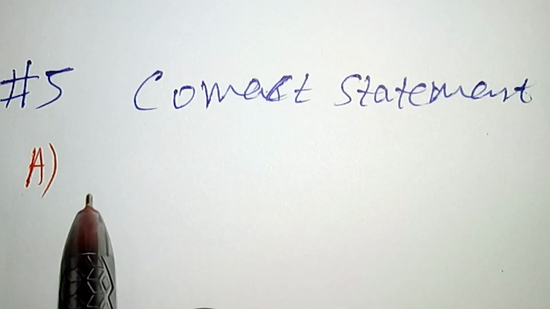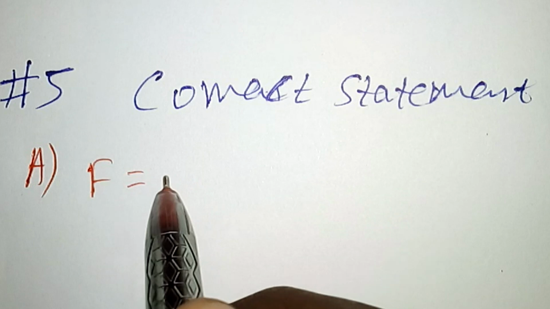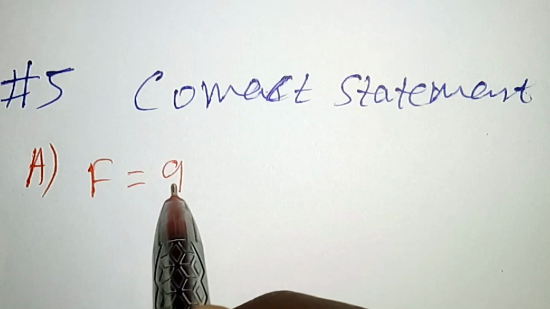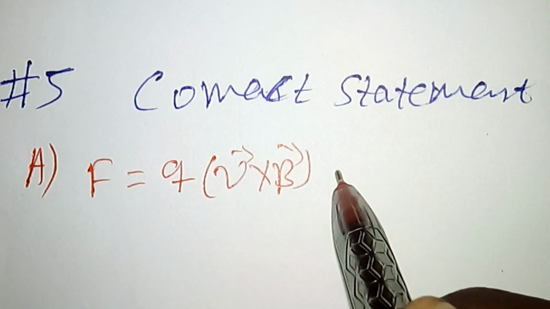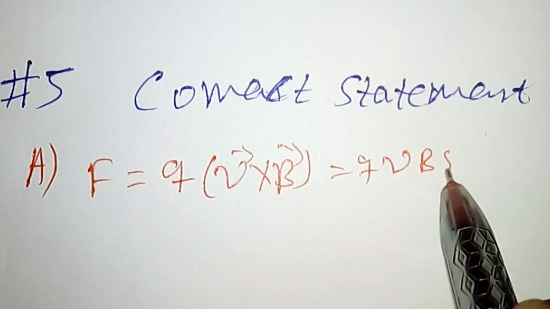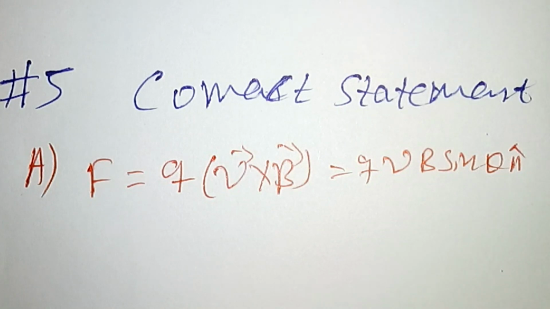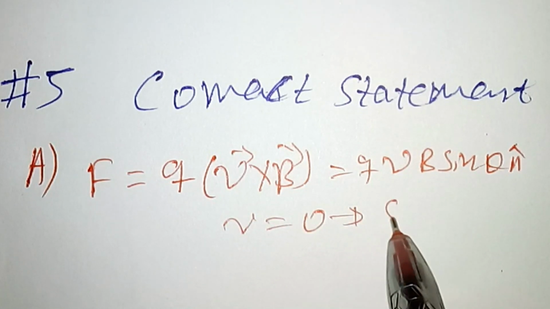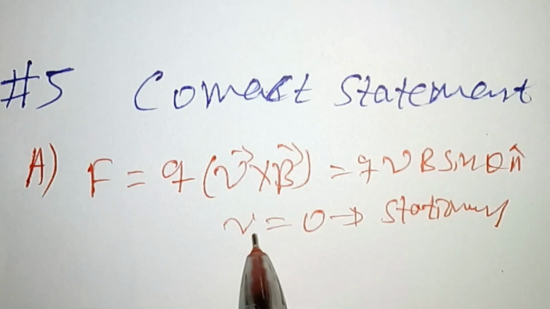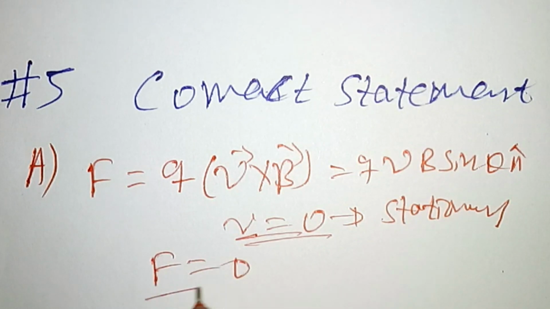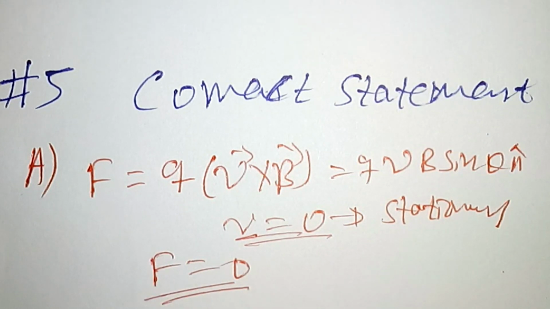The magnetic force on a moving charge is given by q v cross B, or simply q v B sine theta in some unit vector direction. So the magnetic force is 0 if v is 0. v is 0 means the charge is stationary, so if the charge is stationary, the magnetic force is immediately 0. So alternative A is not correct. There is no force on stationary charged objects.